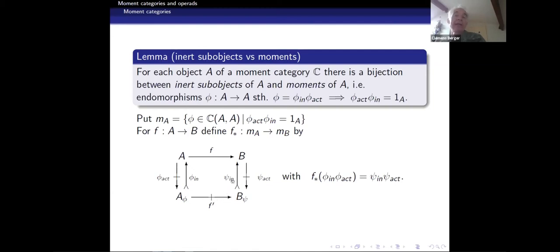Because this inert map has an active retraction, this gives you a moment on B. So you just define the push forward of the moment on A by this commutative diagram, which is written there. And this is very important. It is some kind of image factorization, if you want, but a very abstract one. So you can push forward moments along any map of your category.